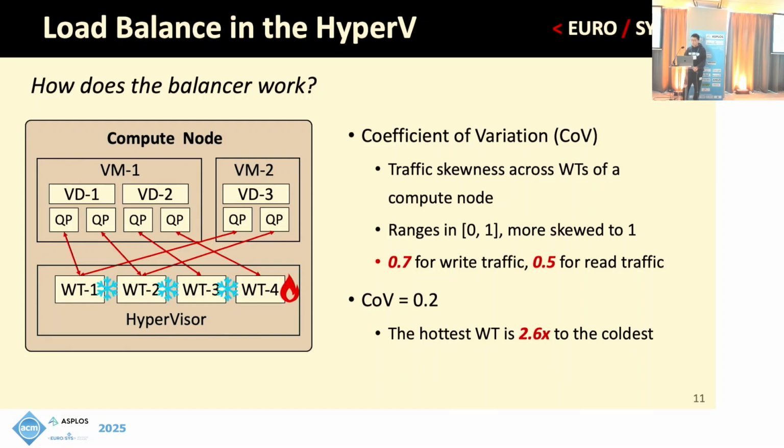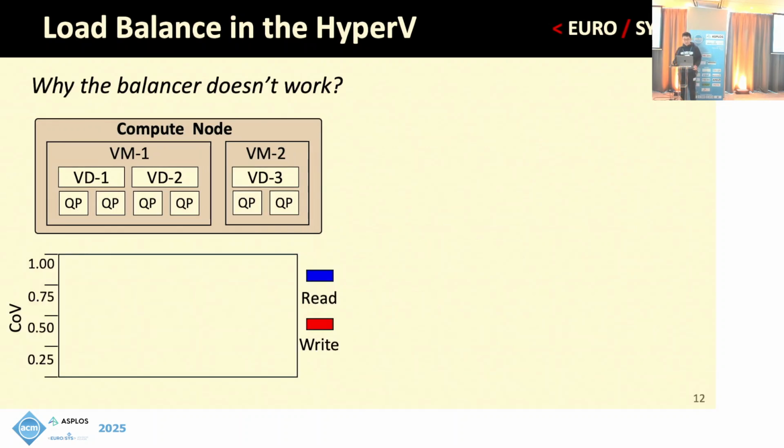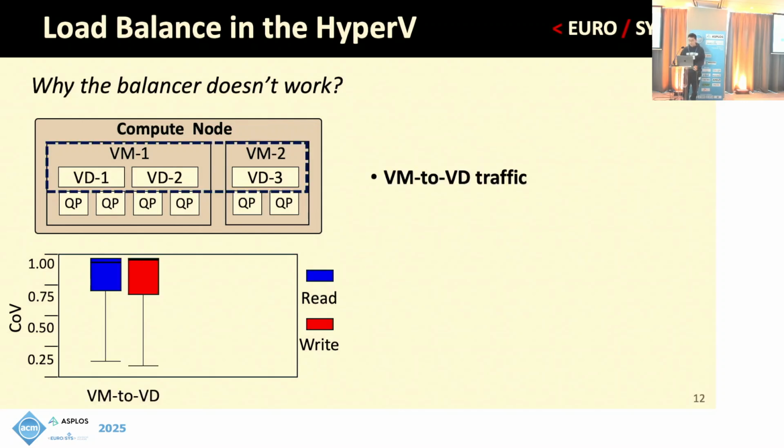For example, when the COV is just 0.2, the hottest worker already handles 2.6 times the traffic of the coldest one. So in the wild, the round-robin balancer works poorly in production. Next, we break down the traffic inside the VM to understand why the balancer doesn't work. First, we look at the VM to VD traffic.